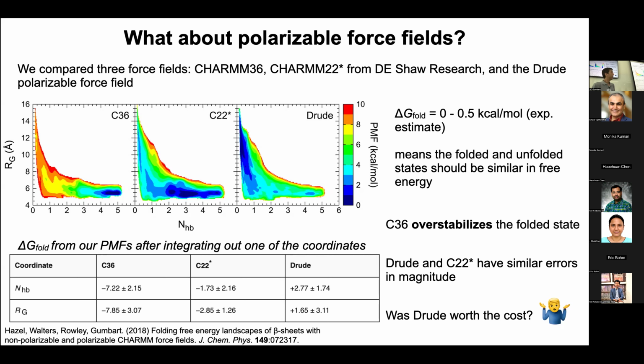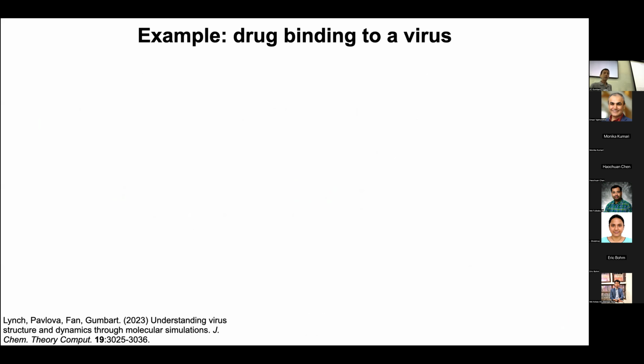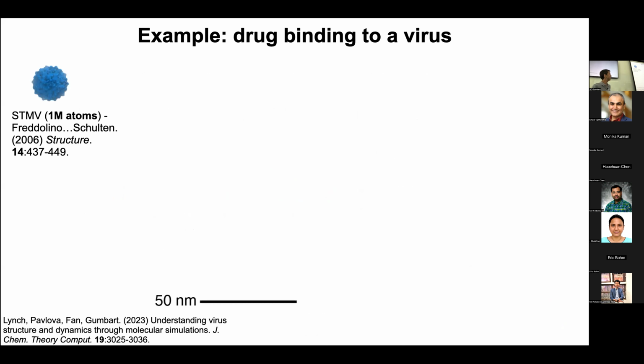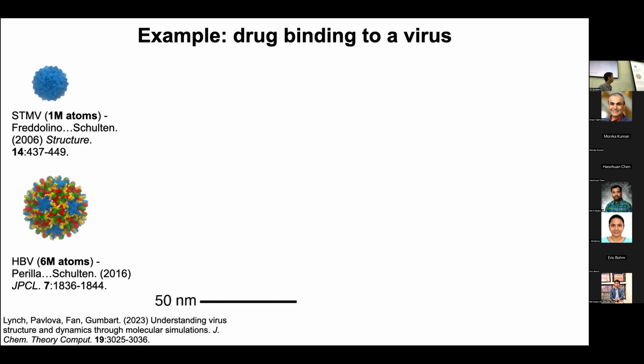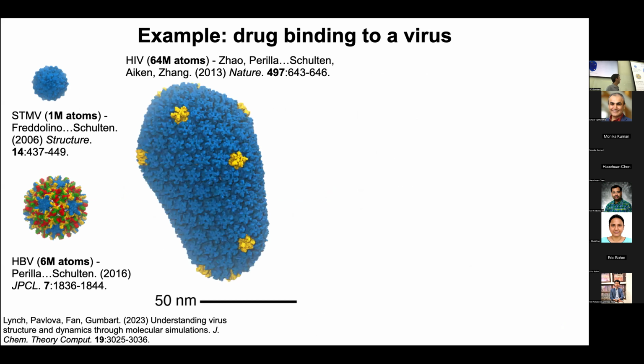Okay. So I want to show another example, and this is a case of a drug binding to a virus. So first of all, what are viruses? They're protein shells encapsulating genetic material typically. Simulations have made a lot of impact on these, starting with the smallest one, STMV, satellite tobacco mosaic virus, now almost 20 years ago, hepatitis B virus, HIV, 64 million atoms done with NAMD over a decade ago now.